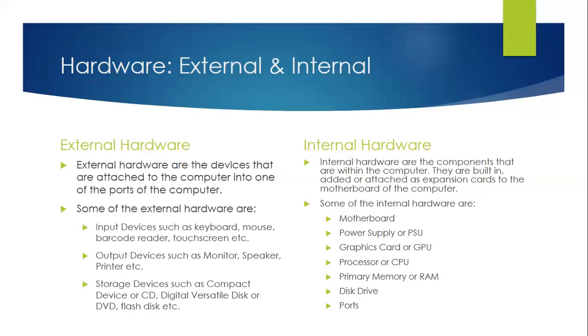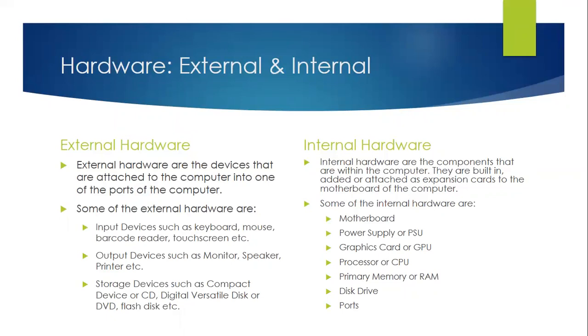Internal hardware are those components that are built inside the computer. They are sometimes built in or attached as expansion cards like graphics cards, sound card, and external hard disk cards or array cards or RAID cards.